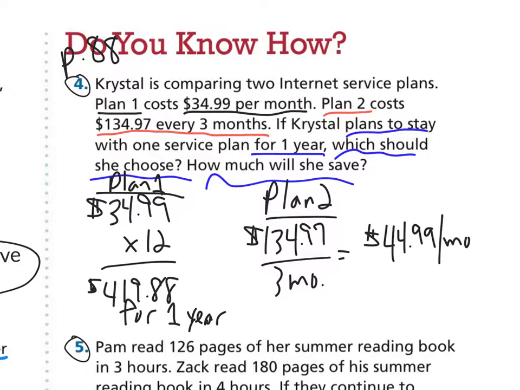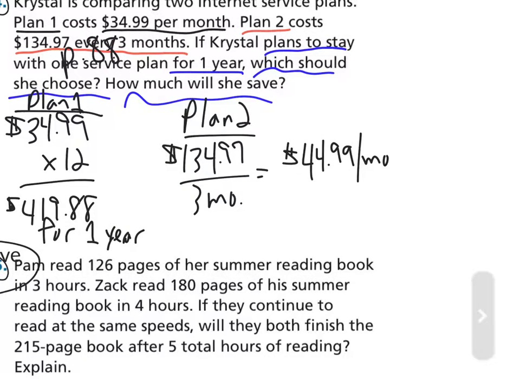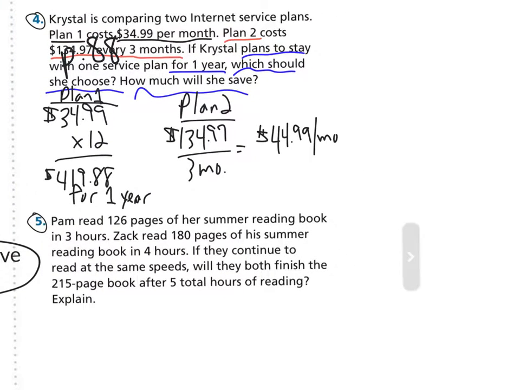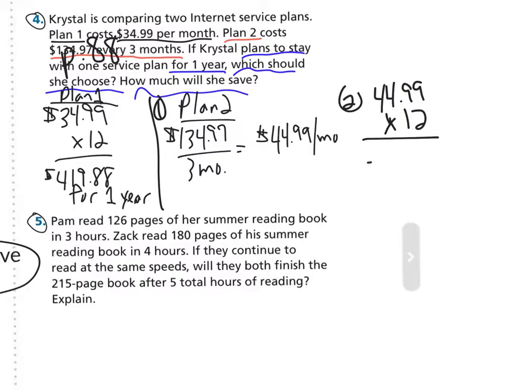That's for 1 month. And then we want to know for 12 months. So you take $44.99 times 12, which is $539.88.